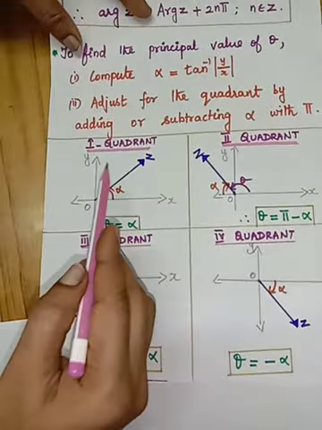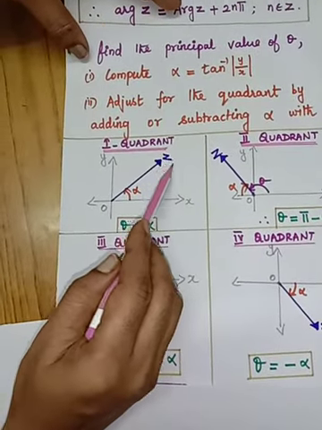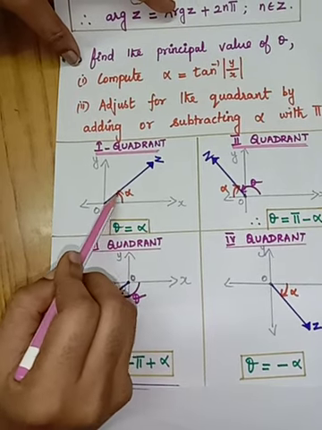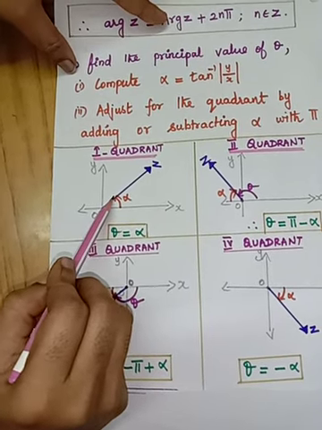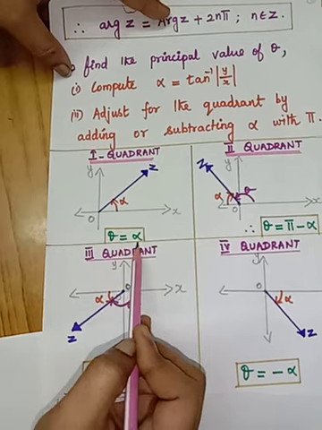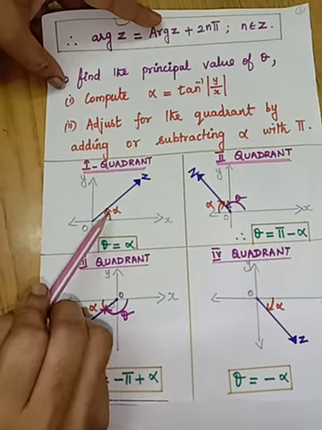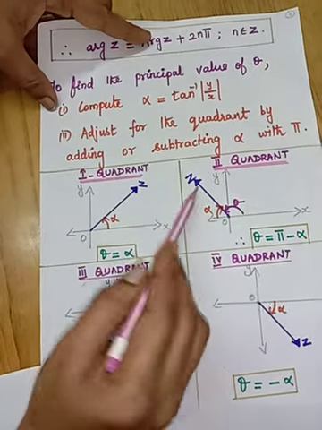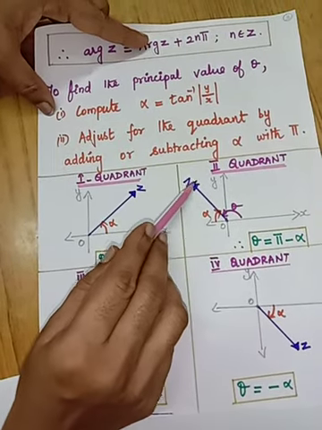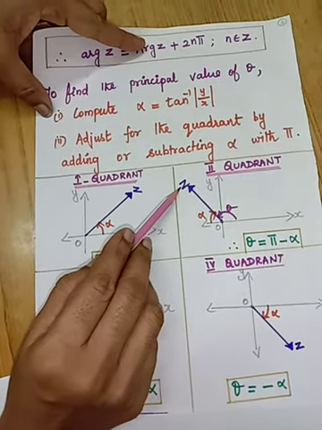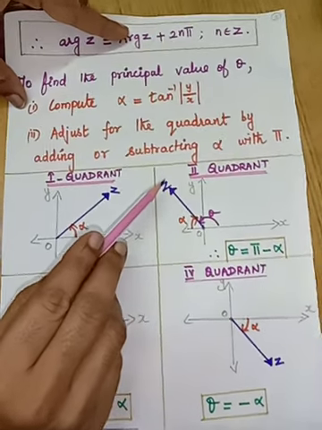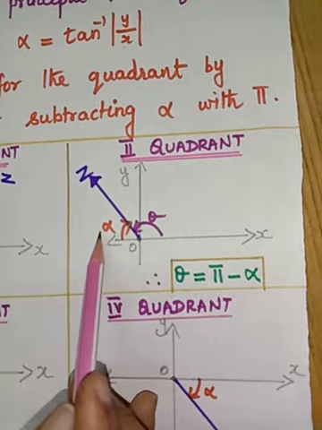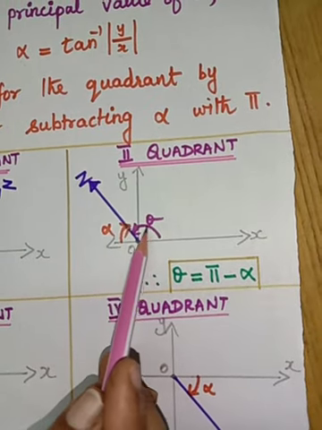Okay, if your complex number lies in the first quadrant, this is your theta and this is your alpha. So theta is equal to alpha. There is no change between theta and alpha. Now come to the second quadrant. If the complex number lies in the second quadrant, this is your alpha and this is your theta.